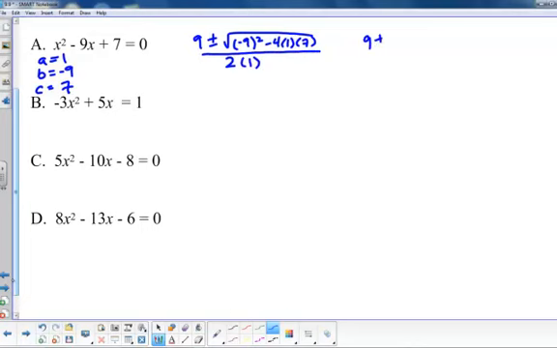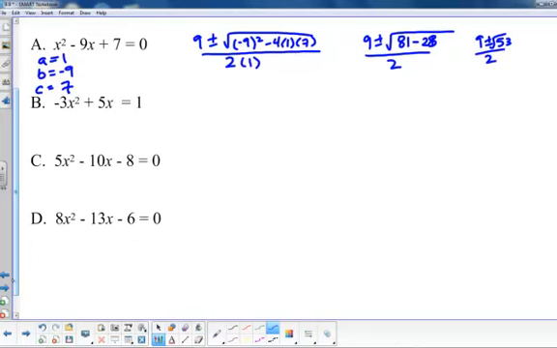So 9 plus or minus 81 minus 28 all over 2. So 81 minus 28 is 53. The square root of 53 is some funky decimal.